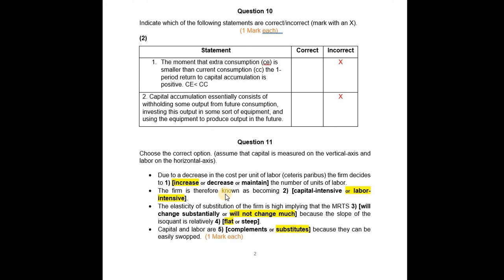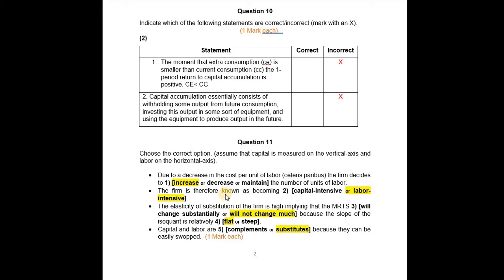In this case, they say there's a decrease in the cost per unit of labor. Therefore, the firm will employ more units of labor because it is now cheap to employ labor in the production process, right?